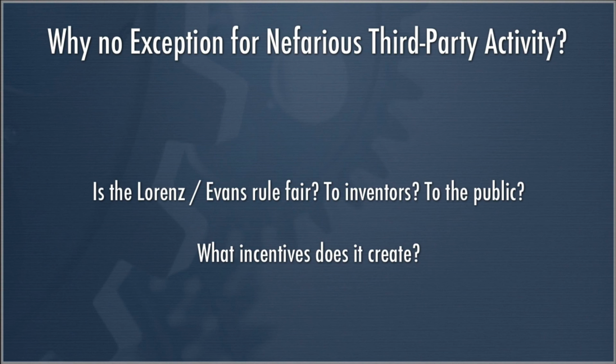Now, unfortunately, this type of rule almost certainly has distributional consequences, right? The people who are going to get tripped up by third-party activities are the people who are not well advised by lawyers, maybe who don't have a lot of resources, who are in other ways potentially taken advantage of. So that's somewhat problematic, right?